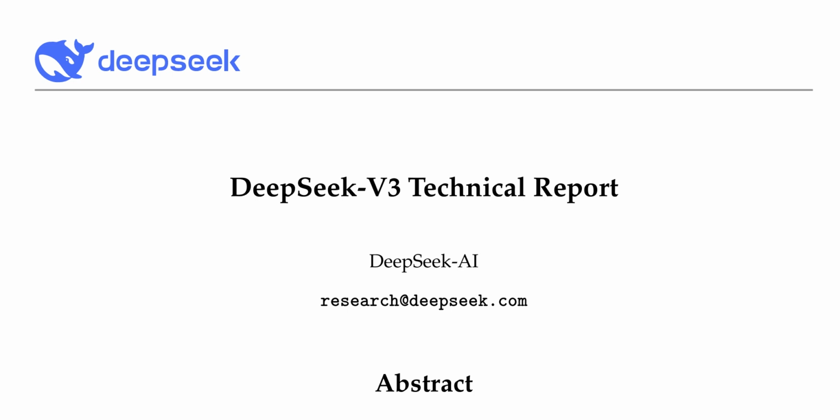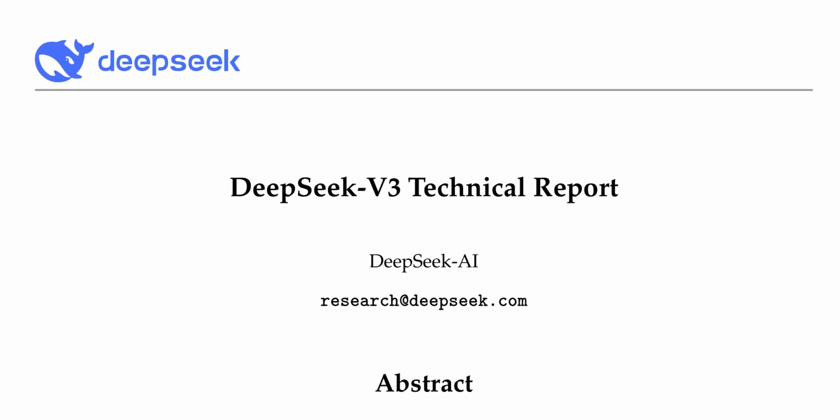From a more detailed perspective, we compare DeepSeek-V3-Base with the other open-source base models individually. 1. Compared with DeepSeek-V2-Base, due to the improvements in our model architecture, the scale-up of the model size and training tokens, and the enhancement of data quality, DeepSeek-V3-Base achieves significantly better performance as expected. 2.